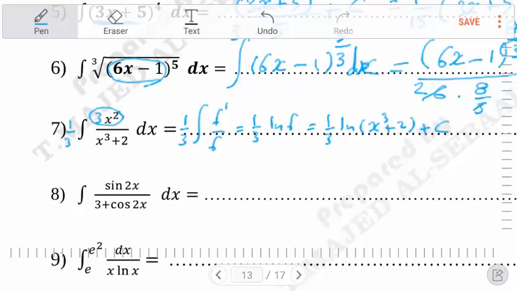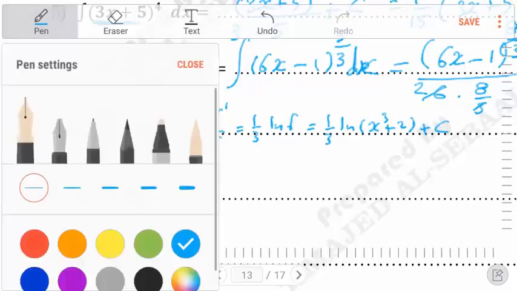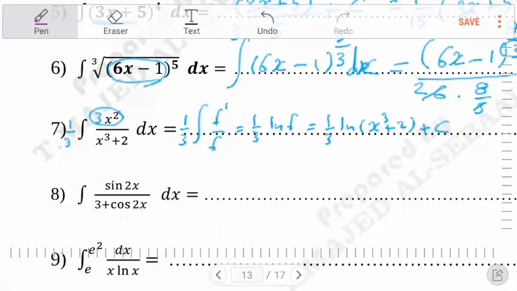Okay. The next, if you notice, what is the differentiation of the denominator? What is the differentiation? It is minus sine, right? Cosine 2x. What is the differentiation of it? It is minus sine 2x multiplied by 2, which is the differentiation of the angle.